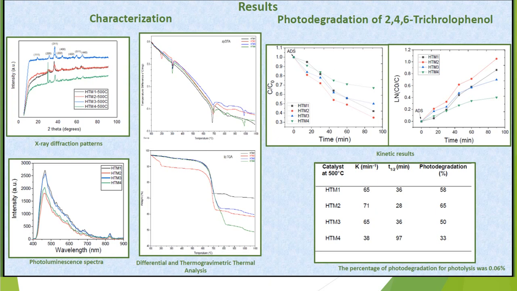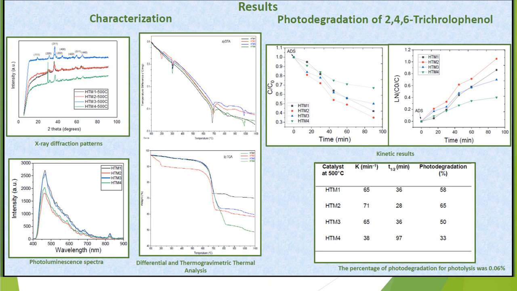The above indicates that the most efficient catalyst for the degradation of 2,4,6-trichlorophenol is HTM2, corresponding to a cobalt-to-iron ratio of 2, showing better activity during the entire reaction time.